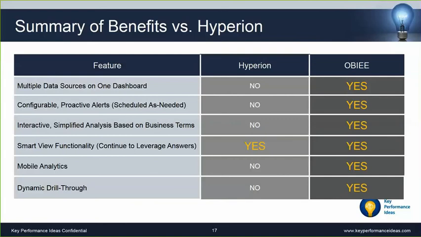It's literally how you set it up. That Answers tool also contains Smart View functionality for those people that are already die-hard Smart View users. It's all right there to allow you to keep working with that tool in the same manner.